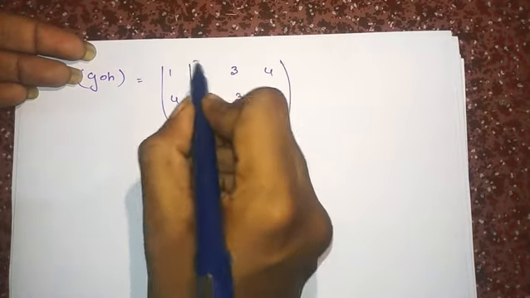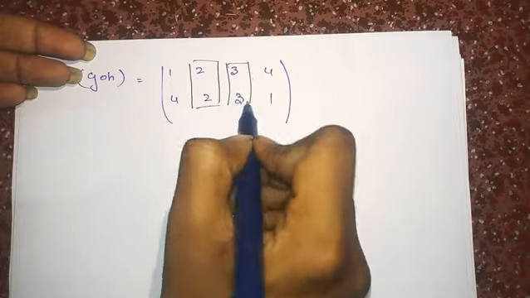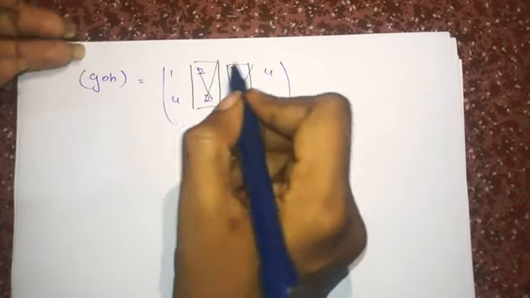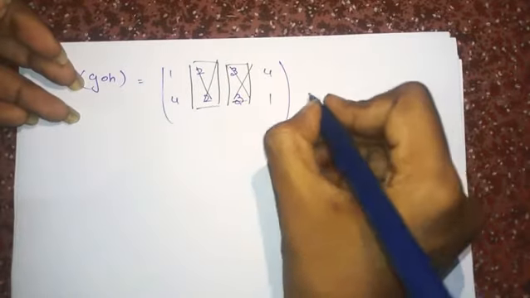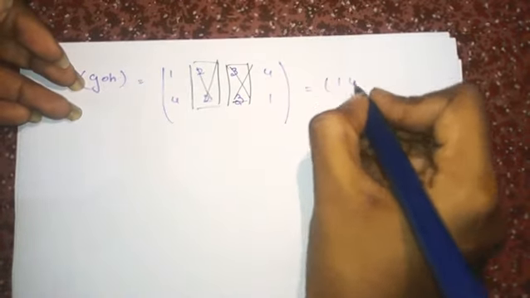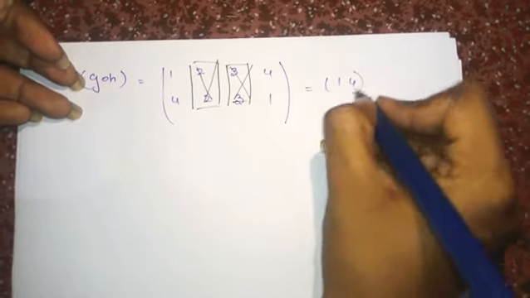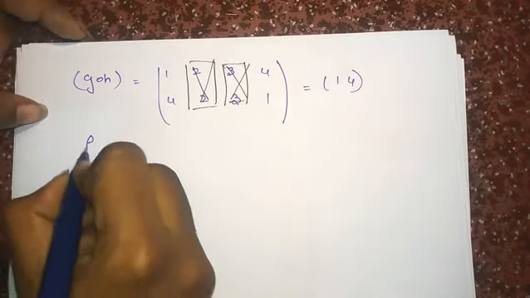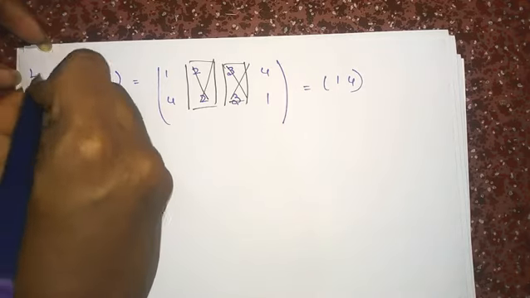Since these two are identity mapping, I don't have to mention these two numbers in the short form. 1 is mapped to 4 and 4 is mapped to 1 itself.